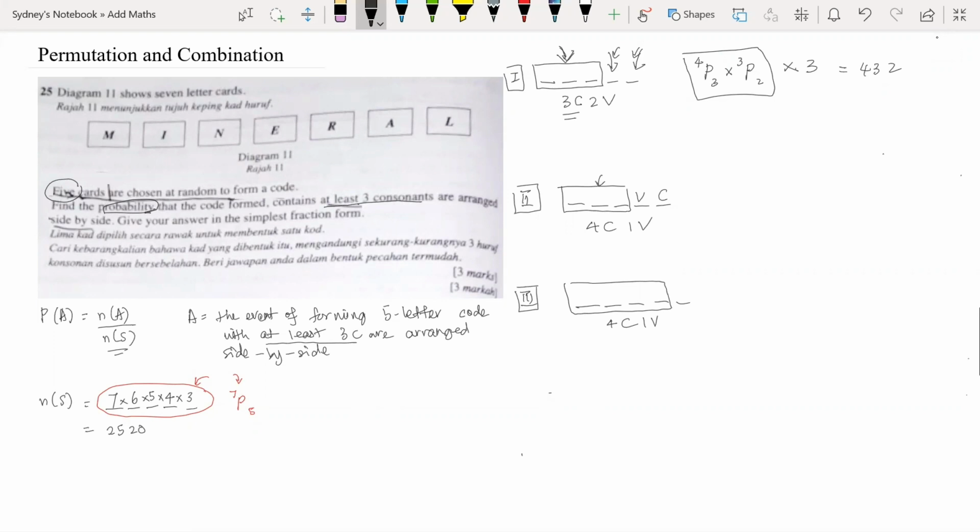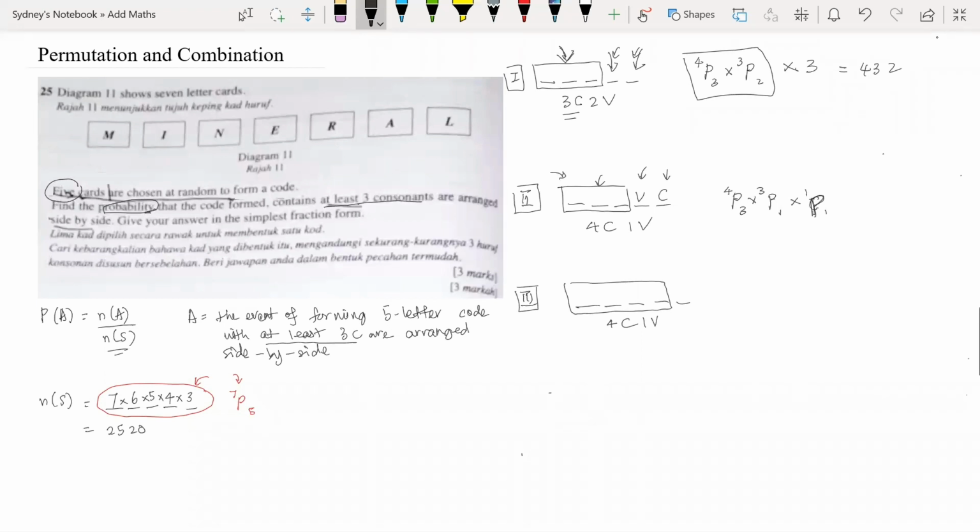The second scenario is the same thing, but in this case we select the 3 consonants first. Out of the 4 consonants, we take 3 to permute them side by side, followed by 3 vowels, which we permute in this place. Then we are left with 1 consonant that we use 1P1 to arrange. That is for this case.